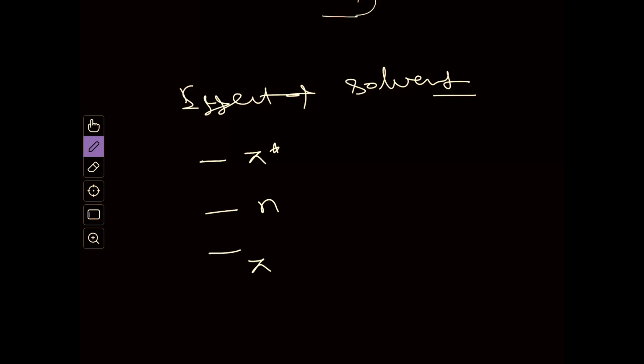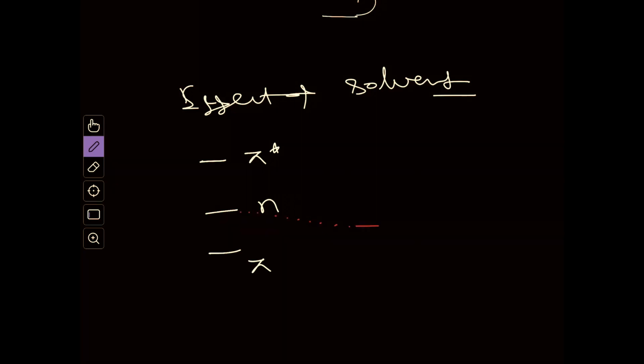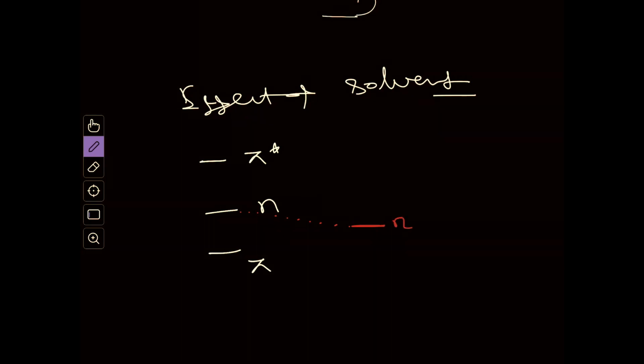Now if you change the polarity of the solvent from a non-polar solvent to a polar protic solvent, what will happen? In polar solvent, the non-bonding orbitals will be very much stabilized, so its energy will be lowered and it will be somewhere around here.